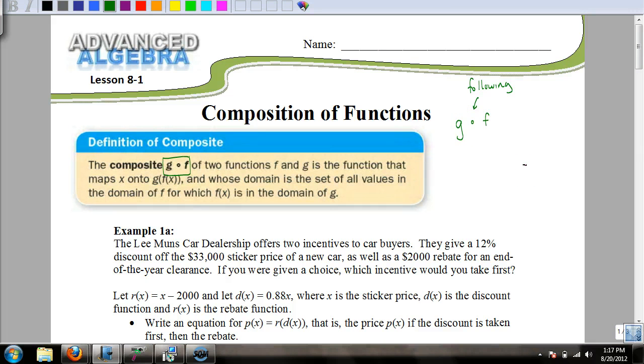It is a symbol that just represents the word following, because in math we try to simplify things, just like when you are text messaging, you shorten things up so you don't have to type a whole bunch and get your thumb all cramped up. Similar thing with math. All that symbol represents is the phrase following. So when we see this written as it is, it means g following f, or function g following f.